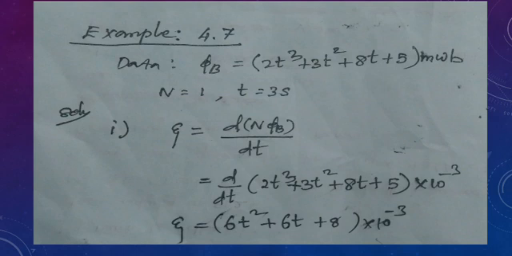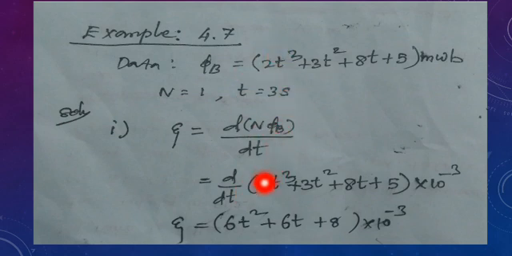Therefore, according to Faraday's second law, the induced EMF is equal to the rate of change of what? Magnetic flux. Therefore, N d phi by dt. Here what is the N value? 1. Therefore 1 into d phi by dt, that is d by dt of phi B, because phi B is given.